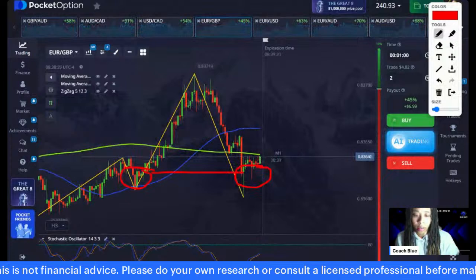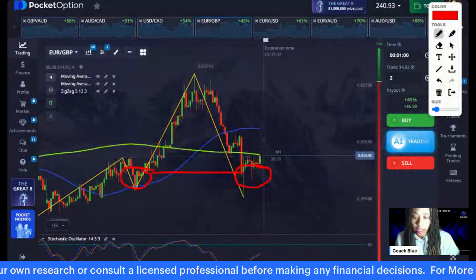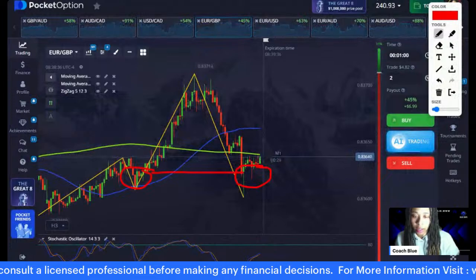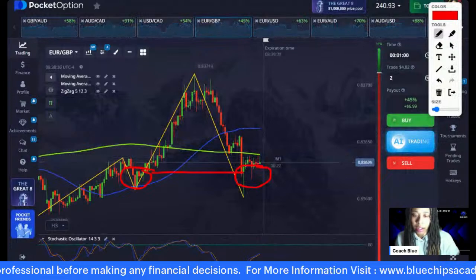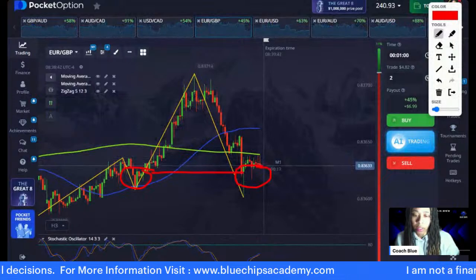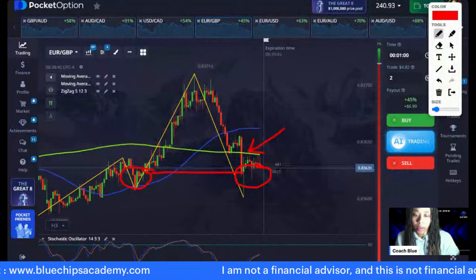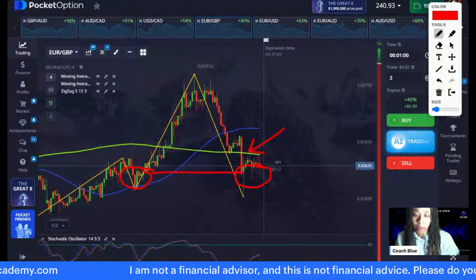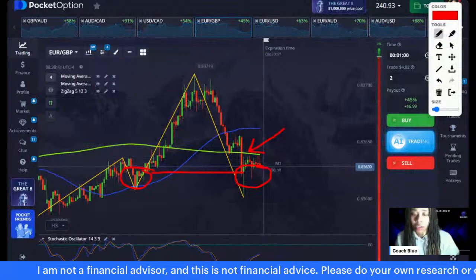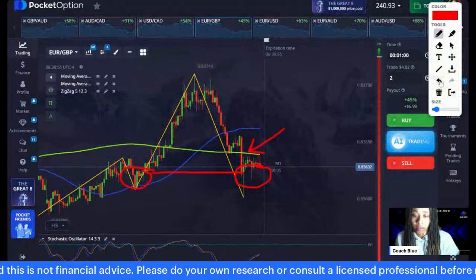That's all, okay? So we can clearly see that if we would have entered this buy, let's see how this candle closed. If it closed strong, then this would have been a good buy. But it looks like it's struggling a little bit. So this green line right here, just a little tip for you guys, is a 200 EMA. This acts as a strong level of support and resistance. I'm going to say that again.